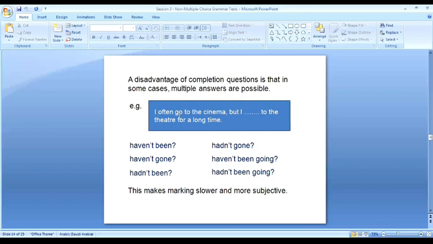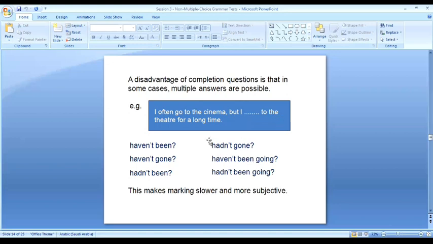For example, I often go to the cinema, but I dash dash to the theater for a long time. I haven't been, also I haven't gone to, or I hadn't been, or I hadn't gone, or I haven't been going, or I hadn't been going.